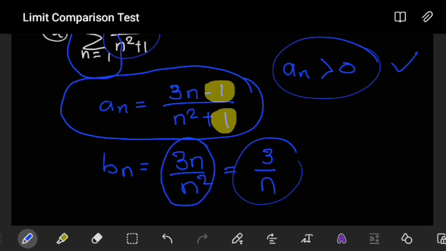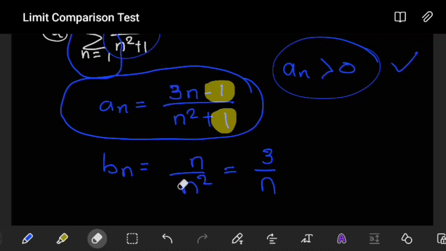You can still work with 3 over n, but your conclusion, whether you keep that 3 or you don't have it here, will still be the same. What you find in most texts is that when you have a coefficient like that, this number will not be included, and we just have n over n squared, which will reduce to just 1 over n. So the conclusion we'll have here will still be the same as if you had 3n over n squared.